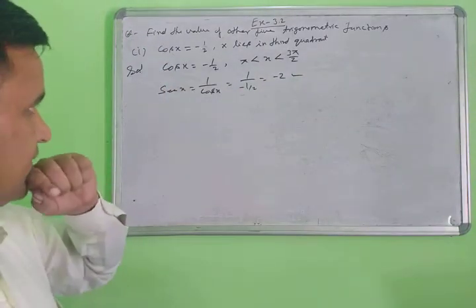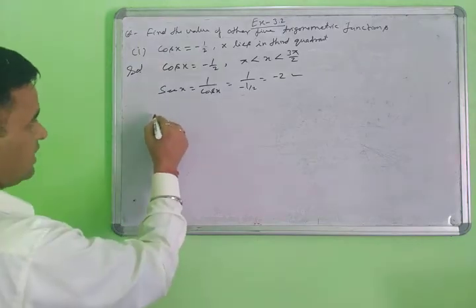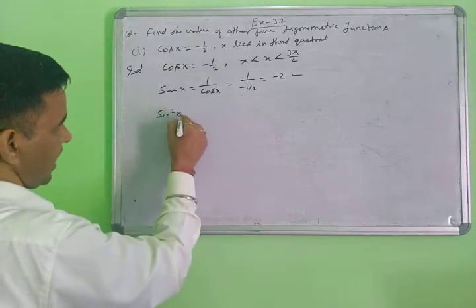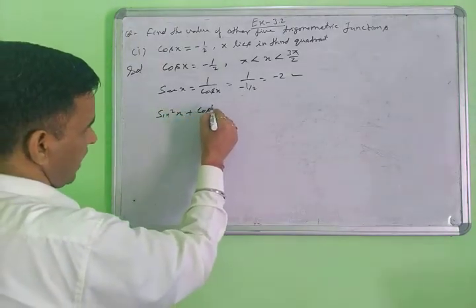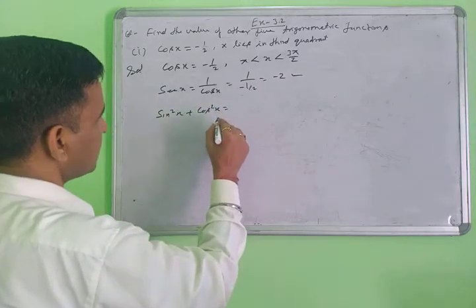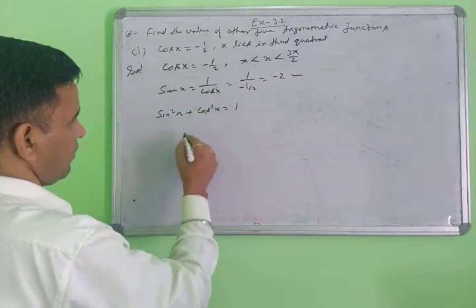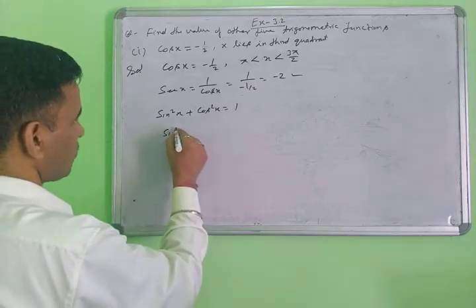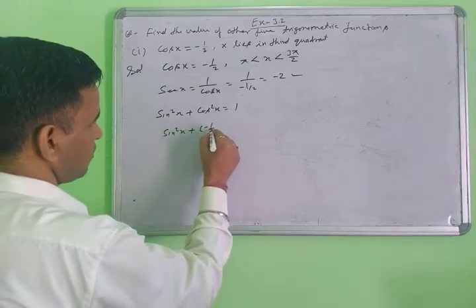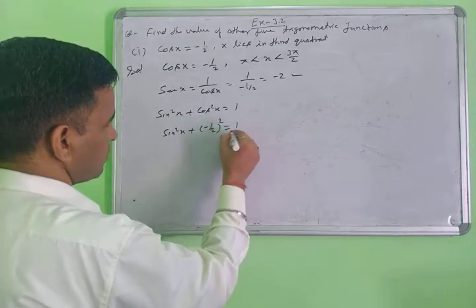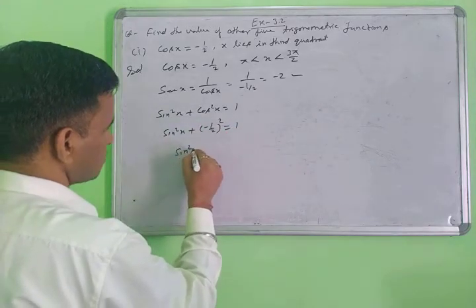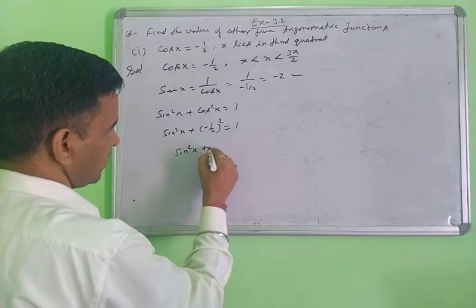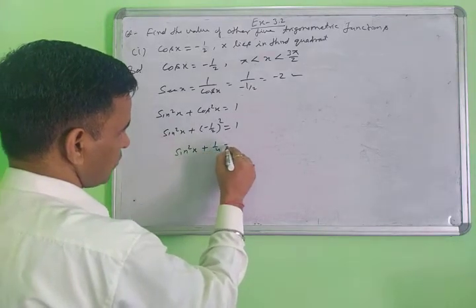Second answer: sin square x plus cos square x is 1. Putting the value of cos x, sin square x plus (minus 1 by 2) square is equal to 1. So sin square x plus 1 by 4 equal to 1.